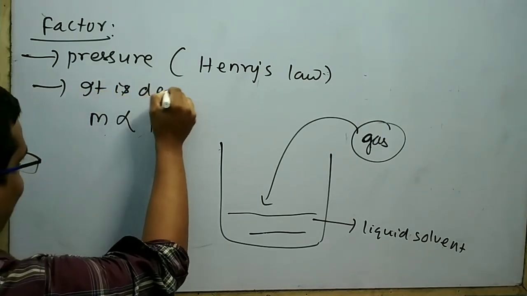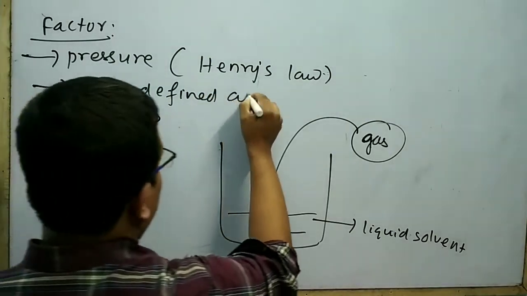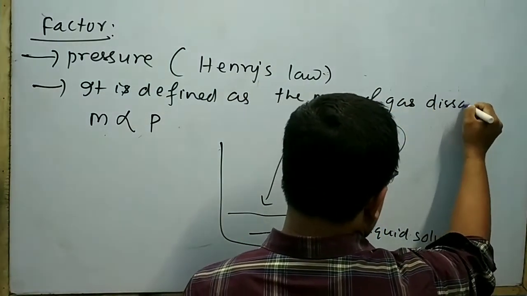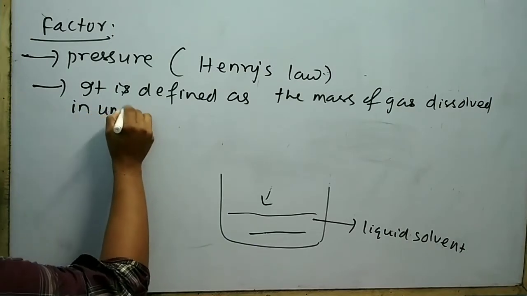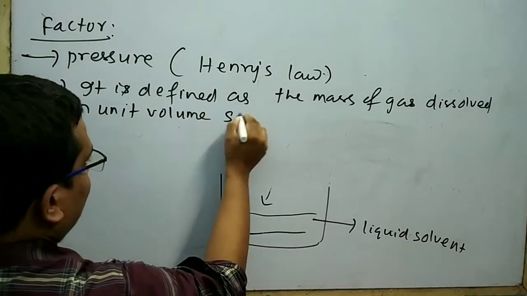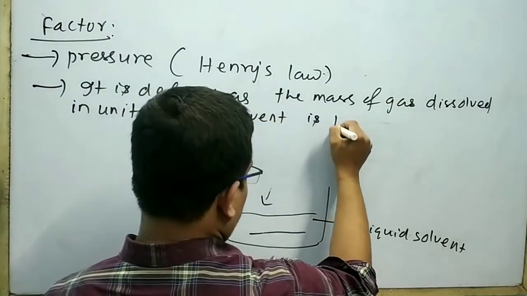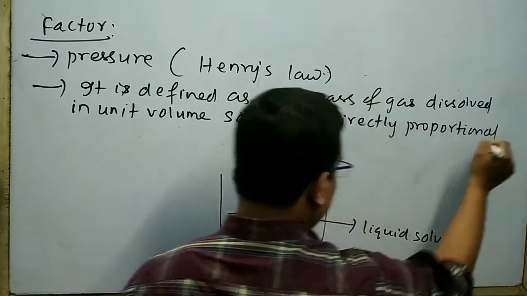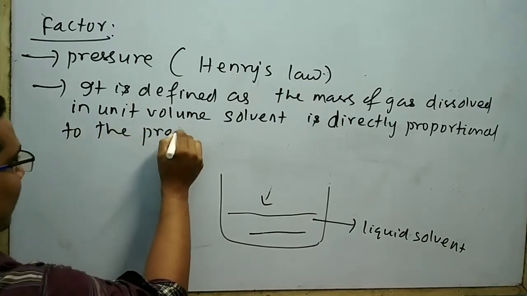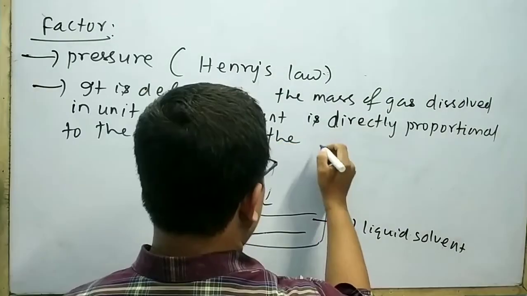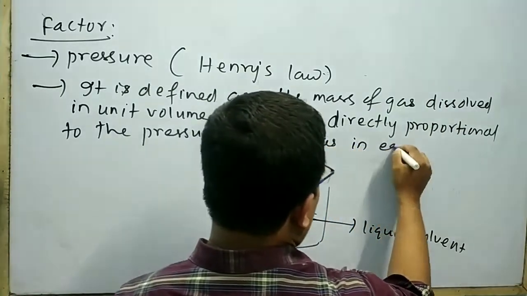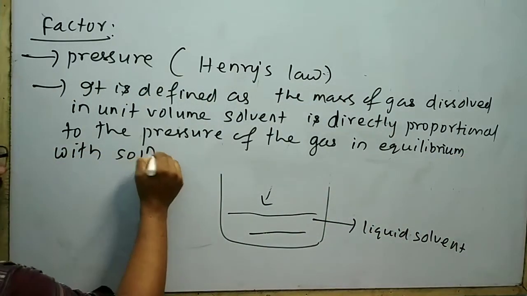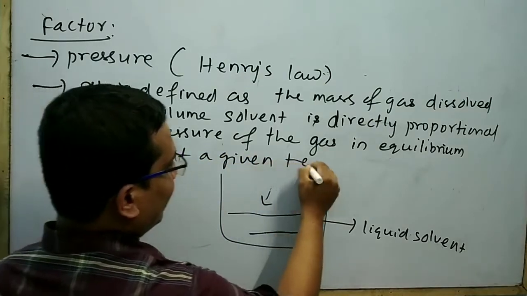Henry's law is defined as: the mass of gas dissolved in unit volume of solvent is directly proportional to the pressure of the gas in equilibrium with a solution at a given temperature.